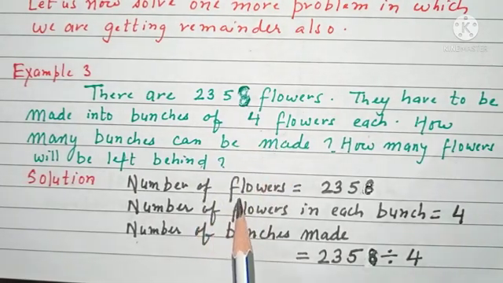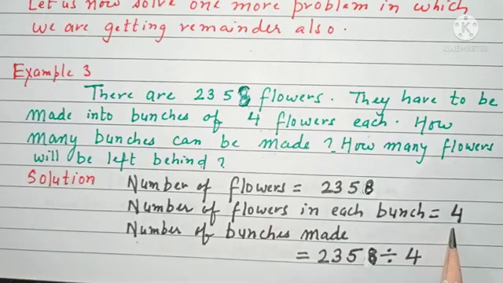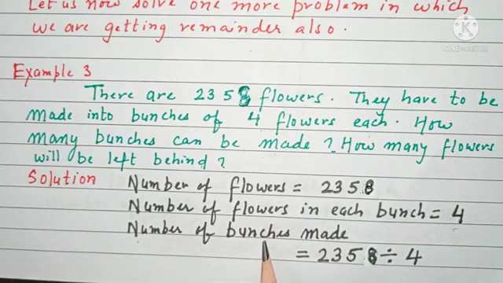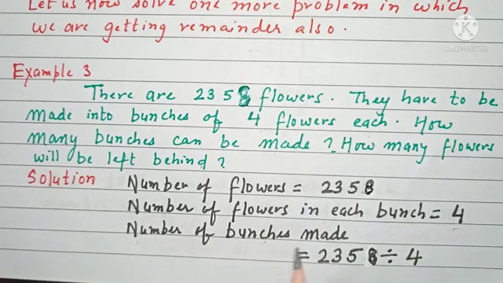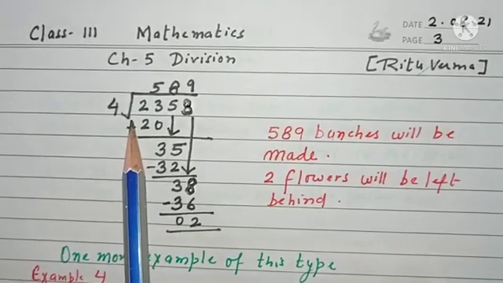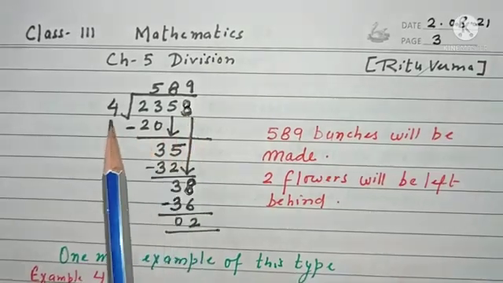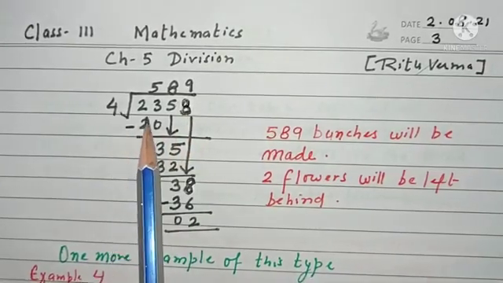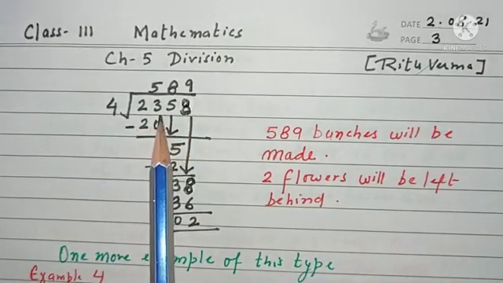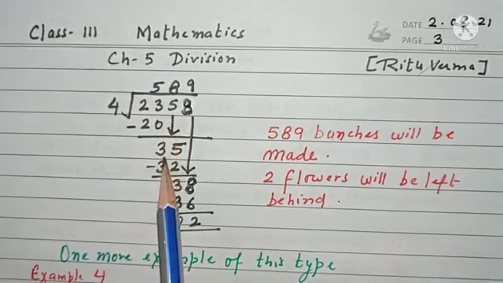So the number of flowers is 2,358 and the number of flowers in each bunch is 4. So how many bunches can be made? We are getting it by dividing 2,358 by 4. So solving it with the long division method, 2,358 divided by 4. First of all, combining the digits at the thousands and hundreds place. 4 5s are 20. 3 minus 0 is 3.